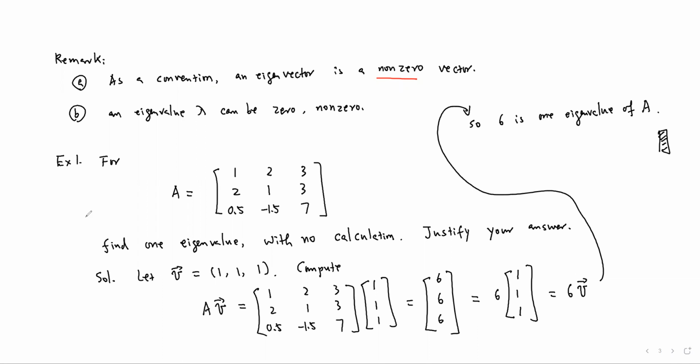Now, second example. Example 2. Let matrix A be 1, 6, 5, 2. Vector U be 6, negative 5.